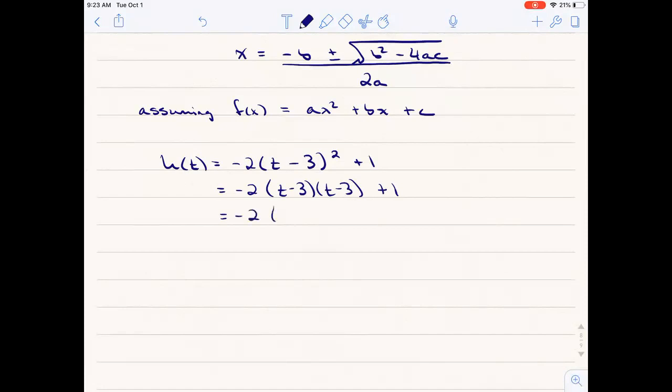So I get negative 2 times t squared minus 3t minus 3t plus 9, since negative 3 times negative 3 is positive 9, and then plus 1.